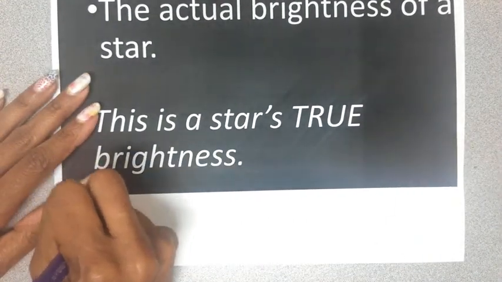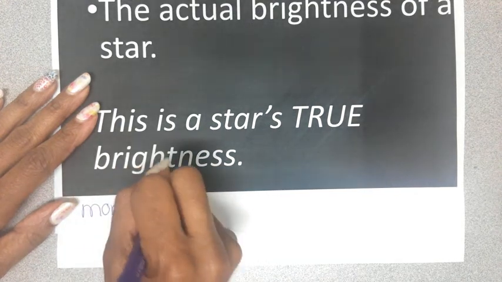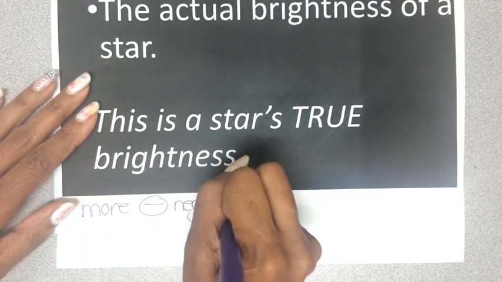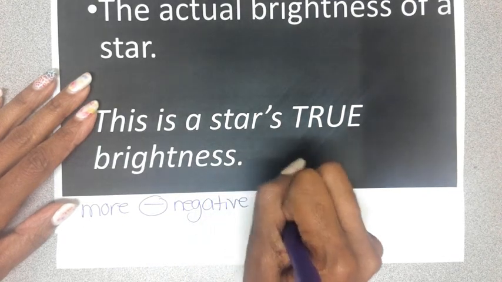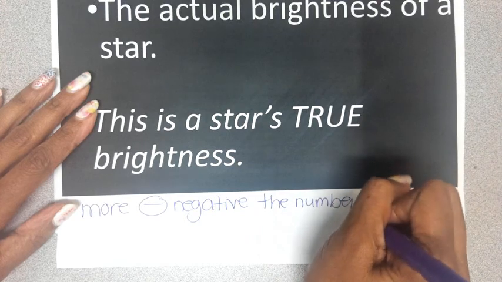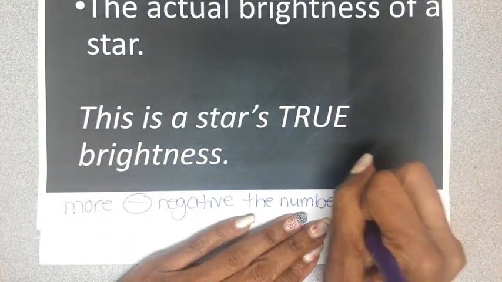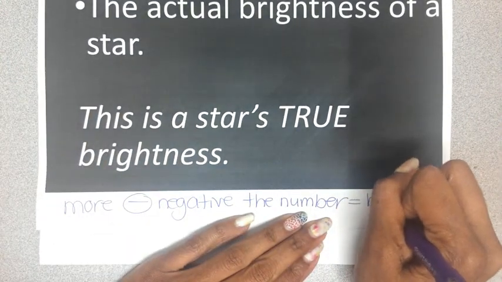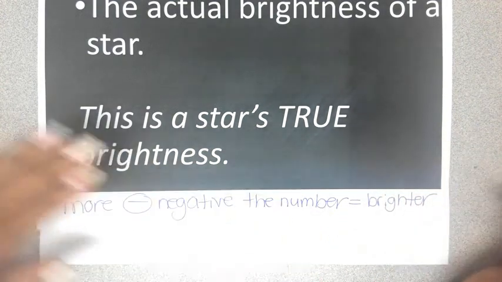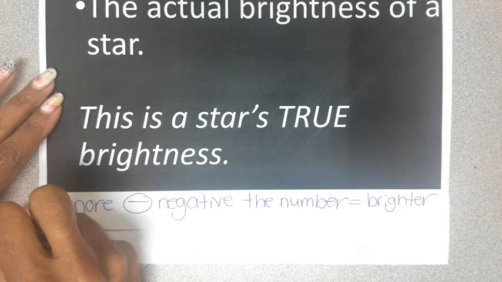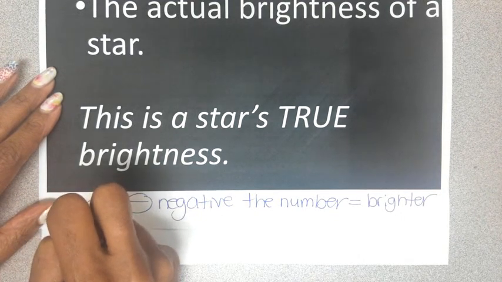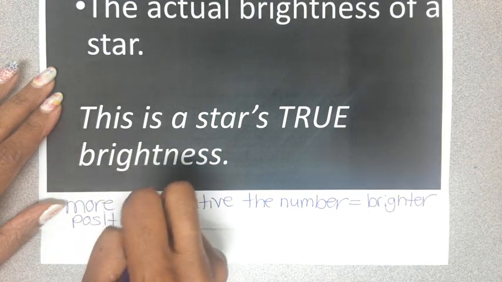Okay? So a couple of things I'm going to write down here at the bottom just to remind you. So the more negative the number, that means that that star is brighter. If it is a positive number, it is dim.